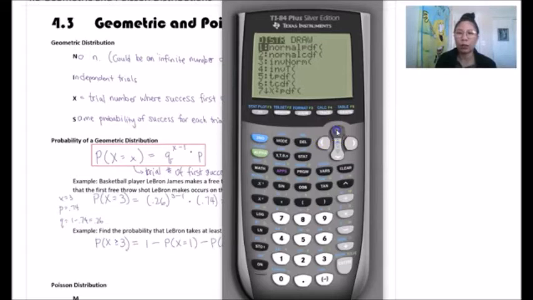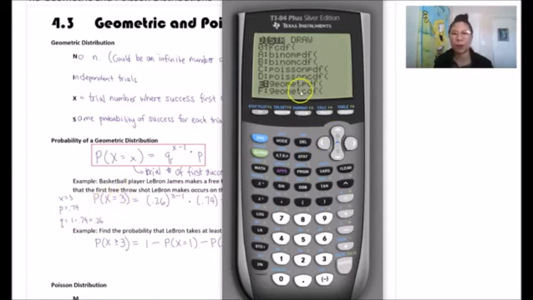But we're looking for, if you scroll up, geometPDF and geometCDF. PDF is like if we were to do the first one, where it's just asking for x equals 3, for just one number. CDF is always going to start adding for x values from 1 up to whatever number you type in.